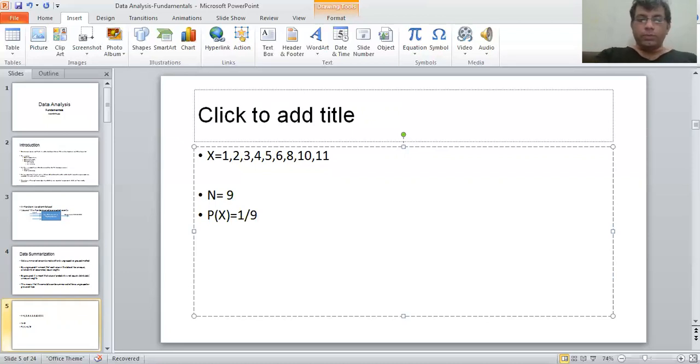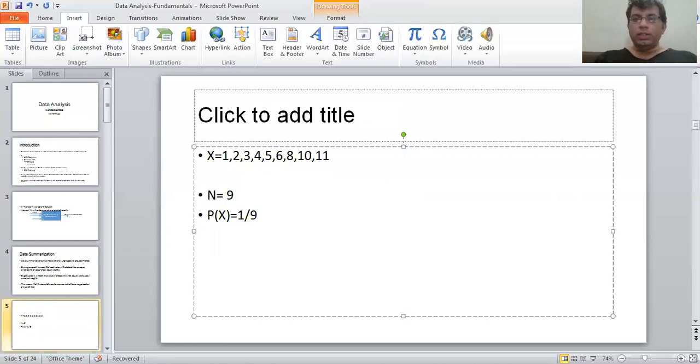So the sum of the probabilities that are present in this data set X would only be equal to 1 when every value has a probability of 1 upon 9 in this case, right?